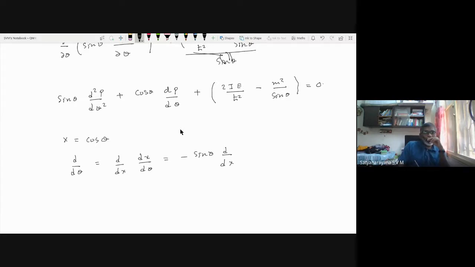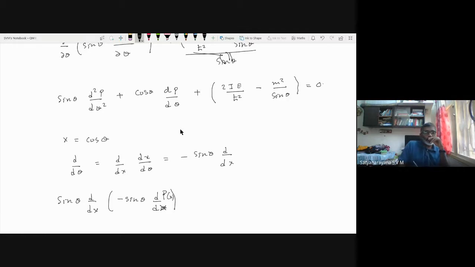If I substitute that, then I'll have sine theta into d by d theta of another d by d theta, that is minus sine theta into d by dx acting on some P of x. But of course, I have to write everything in terms of x, correct?